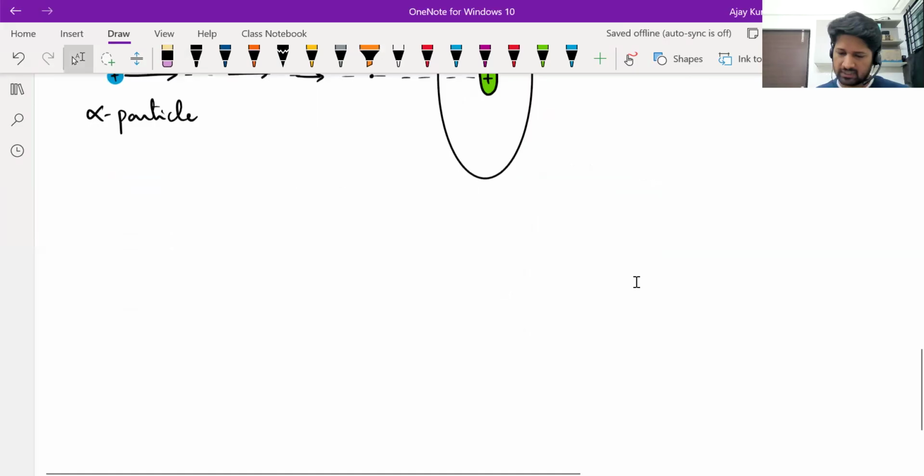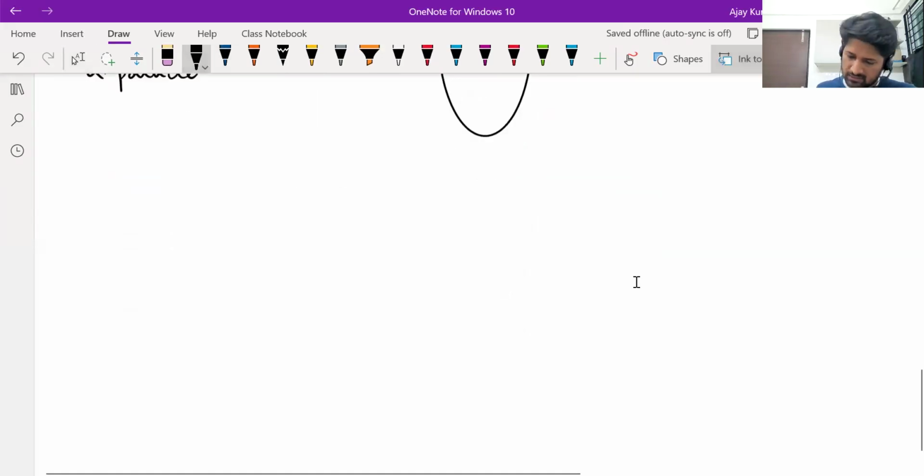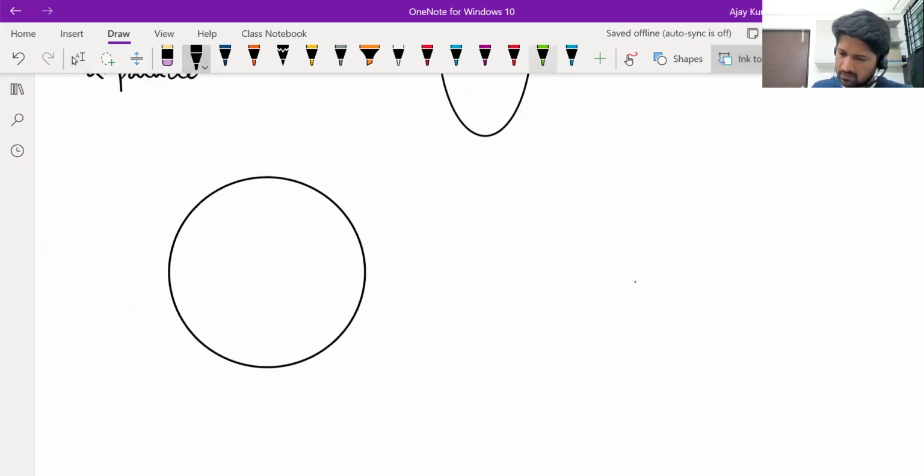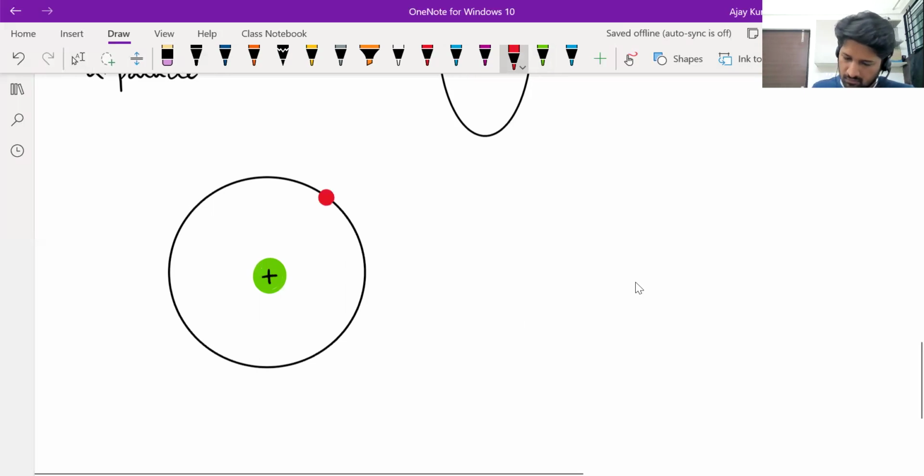If you look at it from straight in front, it appears like this. The electrons present in the atom must be revolving around the nucleus, just like planets revolve around the sun.